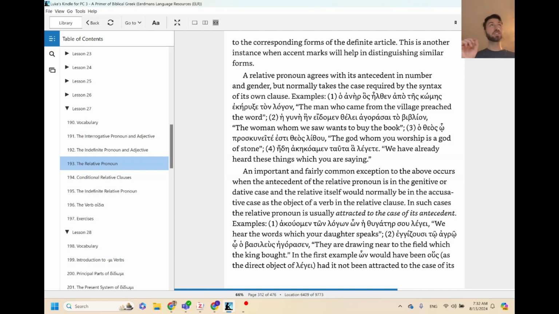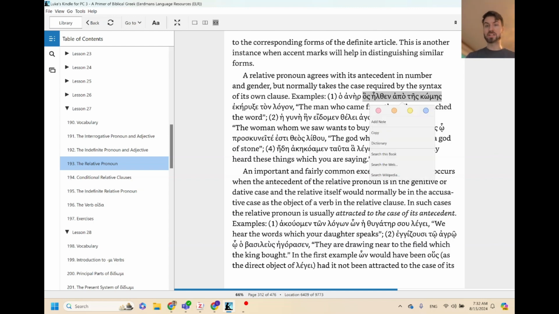In English, I can't say, the man preached the word, him came from the city. That just sounds weird to us. It doesn't work, because him is the accusative form of the pronoun. But we can't use the accusative when it's the subject of the verb in its sentence. So we have to use the case in terms of its clause. We don't say him came from the city, we say he.